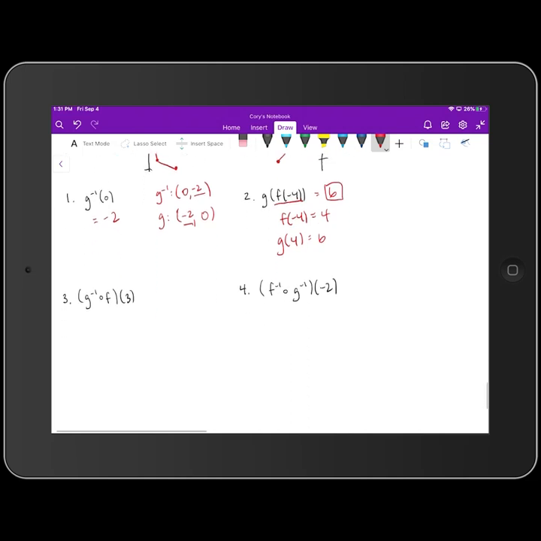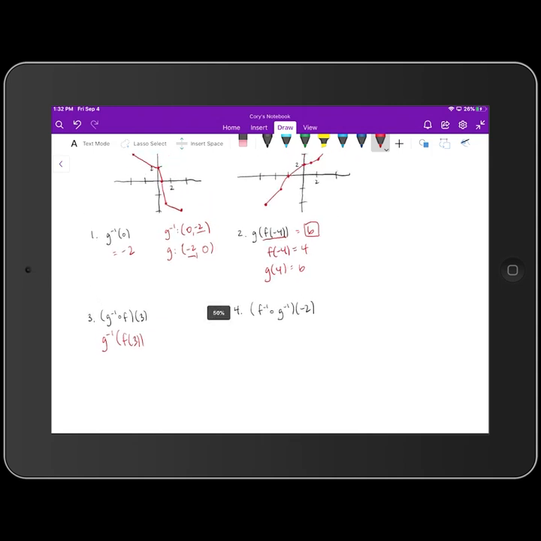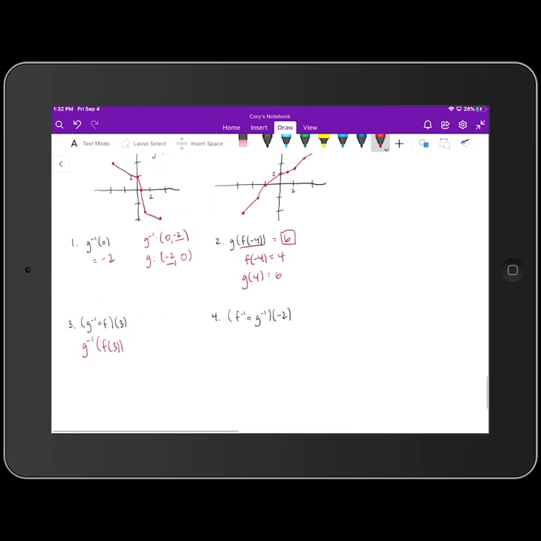Okay, for number 3, if we want to calculate g inverse composed with f of 3, that is like asking us to find g inverse of f of 3. The first thing we want to do is evaluate the inner function, f of 3.